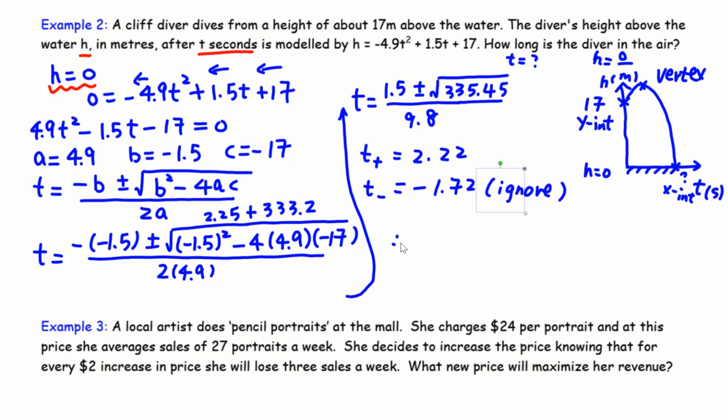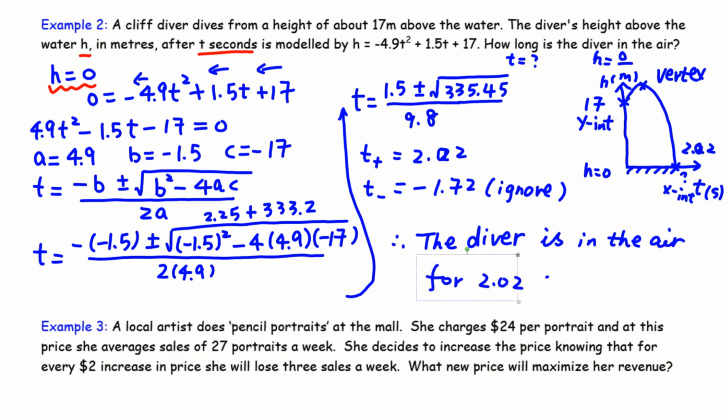Therefore, this one is 2.22. So the diver is in the air for 2.02, sorry, 2.02 seconds. So the diver is in the air for 2.02 seconds.